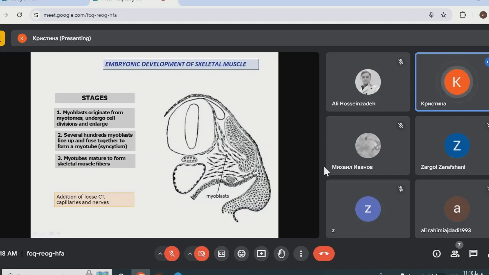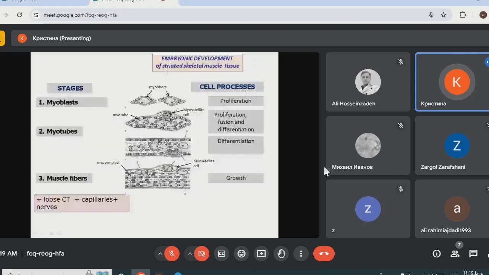So they start to migrate in some areas of the embryo, and then they start to fuse together to form myotubules and then myosymplast. During this process, they should be coupled with capillaries and nerves, which give blood supply and innervation to form the skeletal muscle fibers.